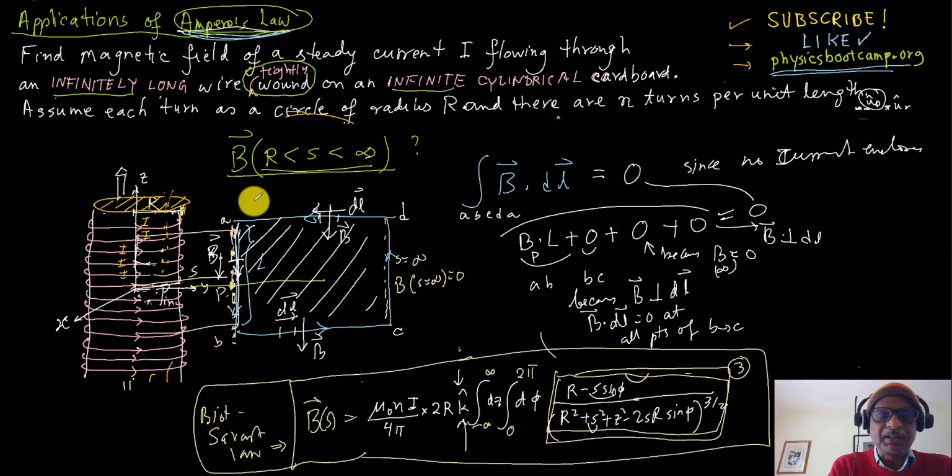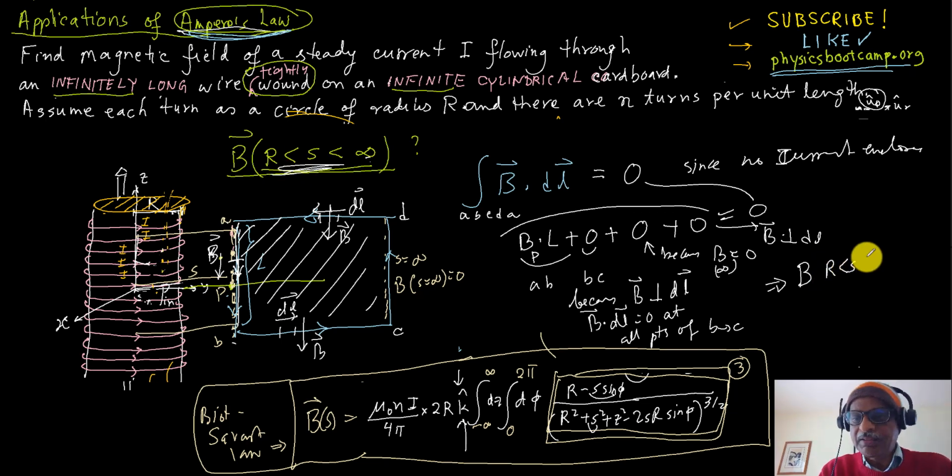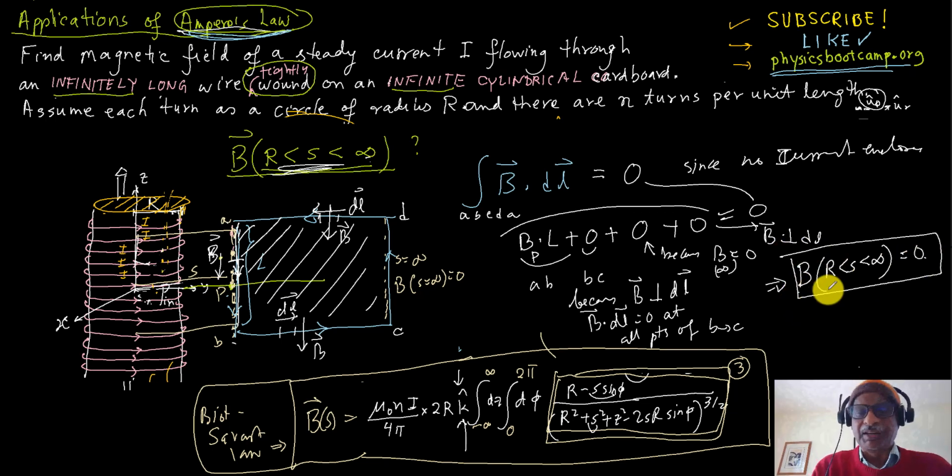The L is a completely arbitrary length loop I'm looking at, right? So this simply says B for any S between R, S, infinity is equal to 0. And a 0 vector does not require direction, so no direction information is needed.